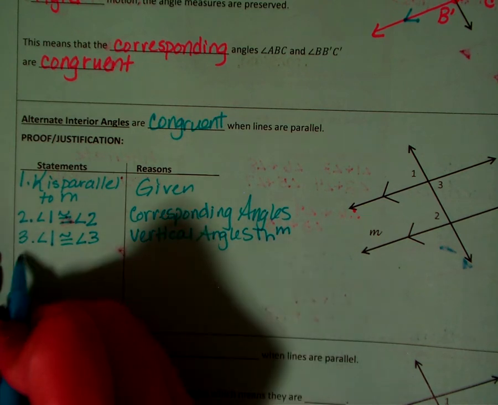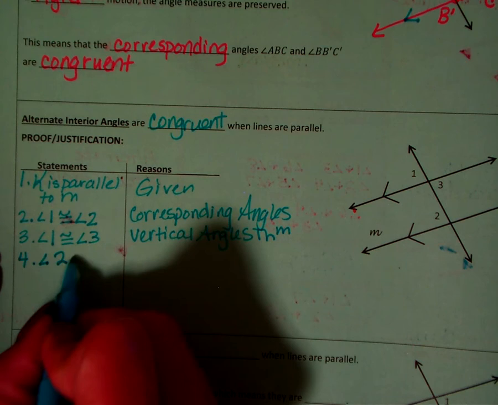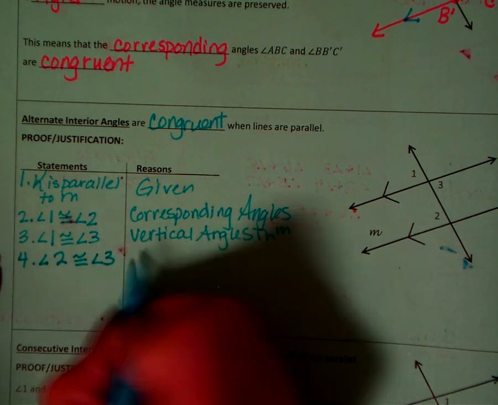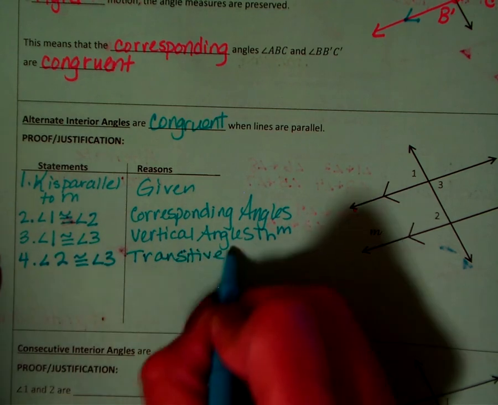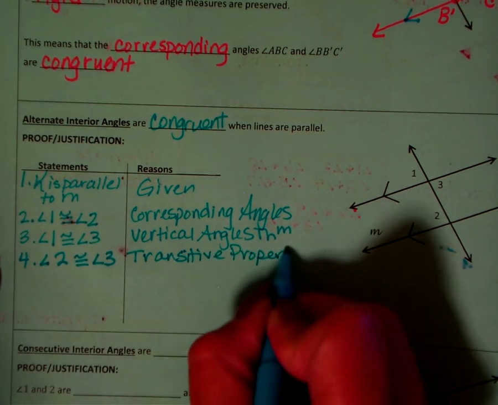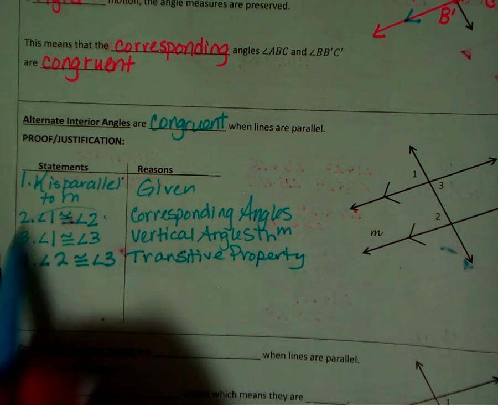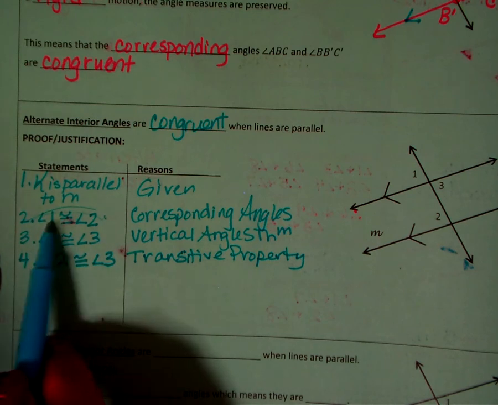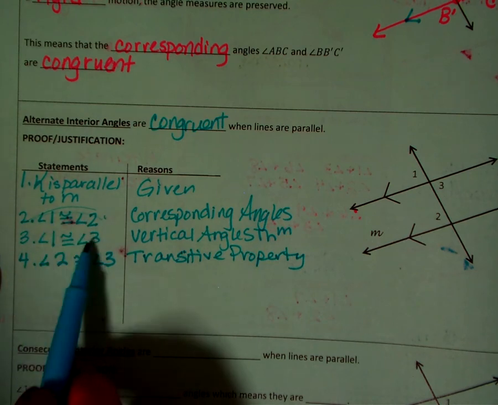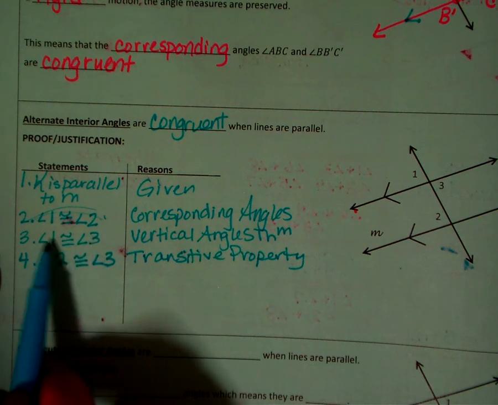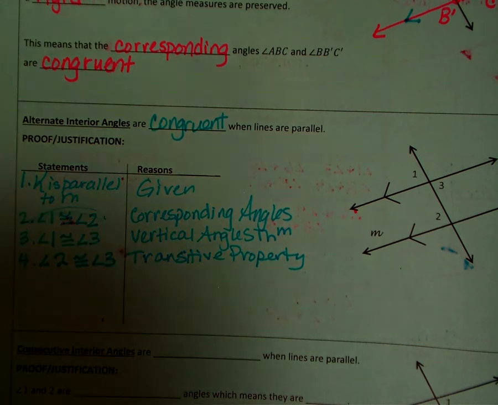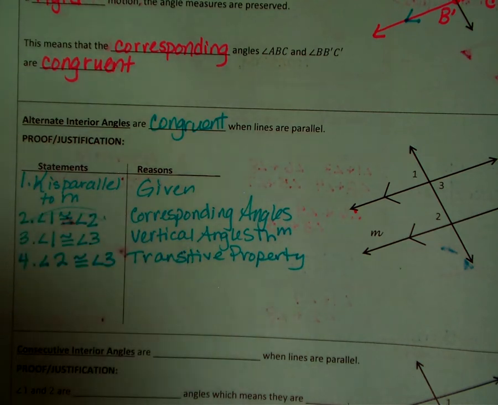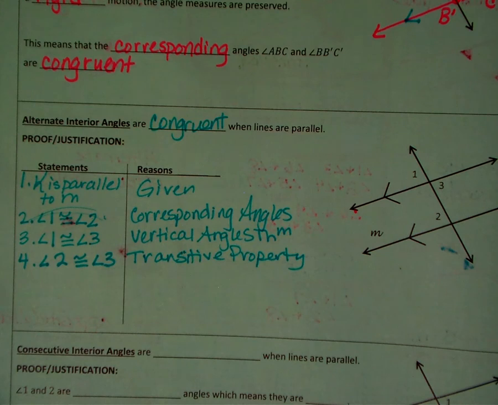Okay, and therefore we can say angle 2 is congruent to angle 3 by the transitive property. Transitive property, remember here, is saying since angle 1 equals angle 2 and angle 1 equals angle 3, we can say angle 2 equals angle 3. Right, so it's kind of like substituting in for angle 1.